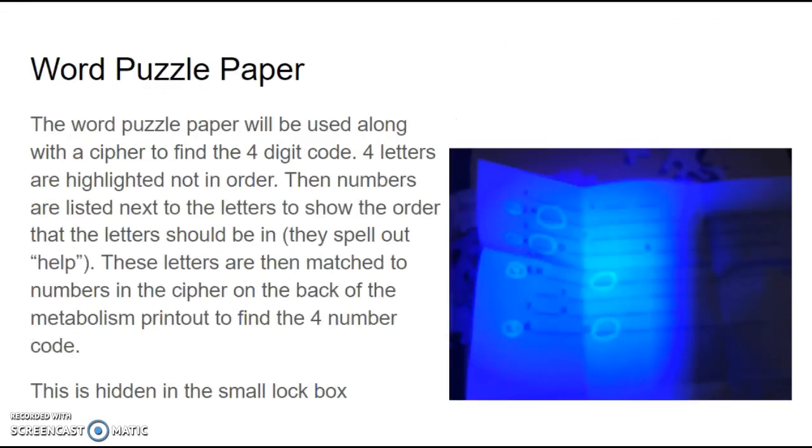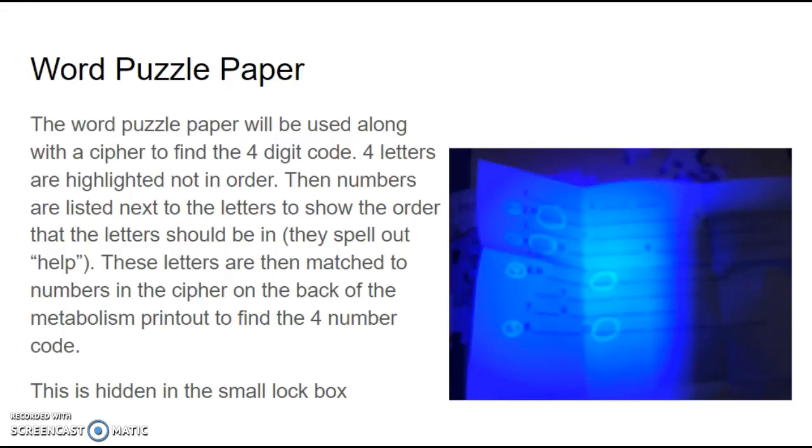Next is the word puzzle paper that you'll find in the Google Drive, and this is basically the 8 characteristics of life. So you have cells and homeostasis, et cetera. And I'm sorry, the picture is a little bit blurry, but what you're going to do is circle the letters H, E, L, P, not in order, and it actually tells you on the instructions for which word you're going to circle the letters.